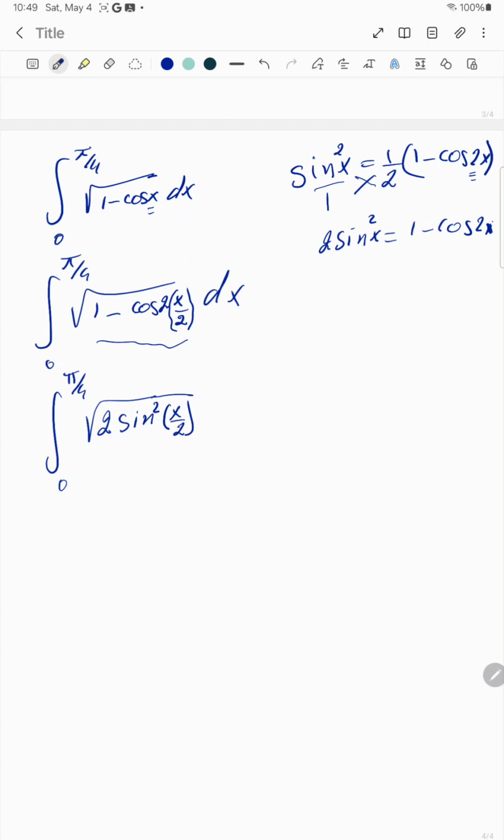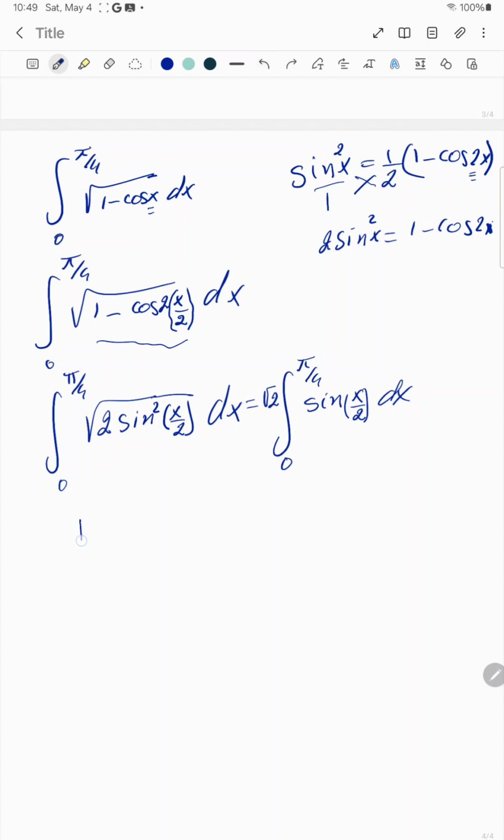And now I can get rid of the square root. So this will become integral 0 to pi over 4. I can take the square root of 2 outside my integral because it's a constant, and the square root of sine squared of x divided by 2 is sine x divided by 2 dx. So now it is easy. I know the integral of sine is minus cosine multiplied by the derivative of the argument.